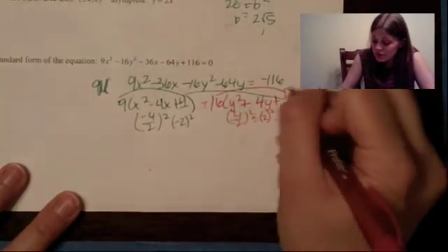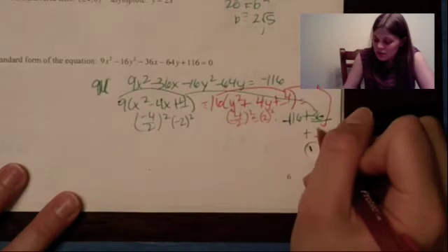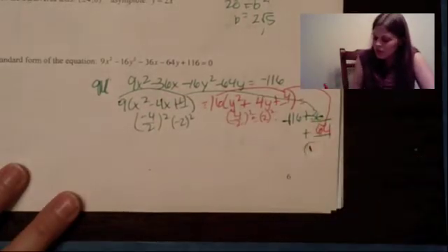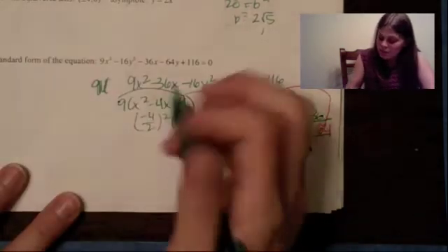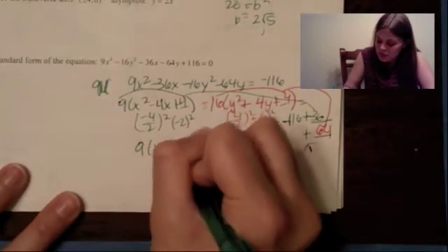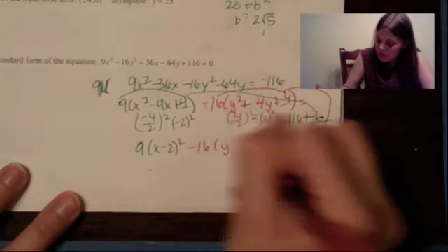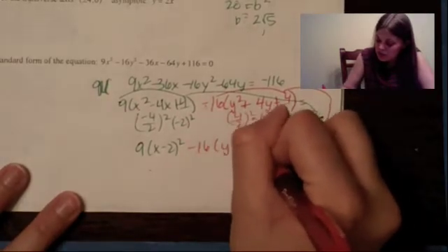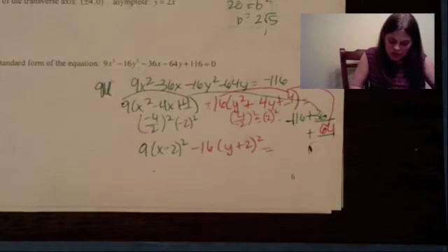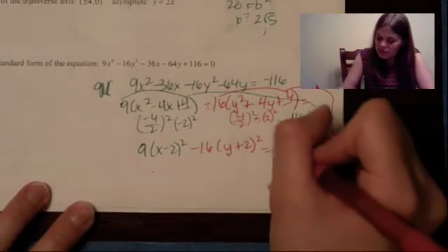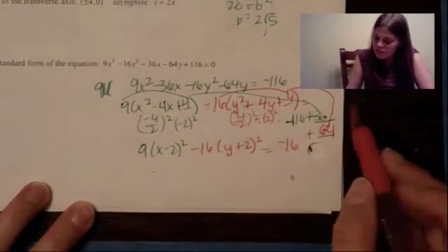So I do 16 times 4, which is 64. So then I have 9 times x minus 2 squared minus 16 times y plus 2 quantity squared equals negative 116 plus 36 plus 64, which gives you a negative 16.